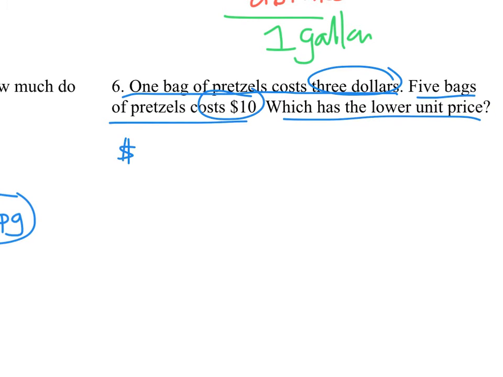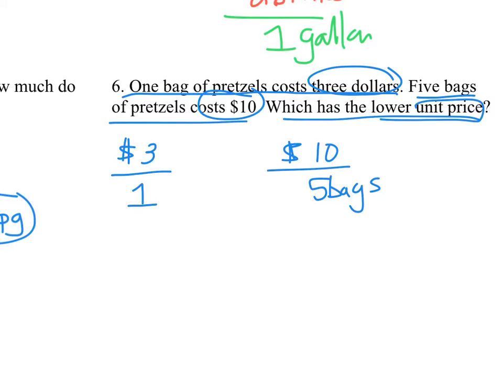The $3 bag is for 1 bag of pretzels. The $10 bag is for 5 bags. So we want to know how much 1 bag would cost. Well, this is already $3 for 1 bag.